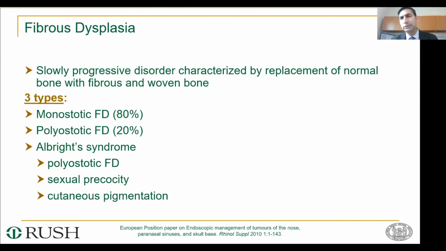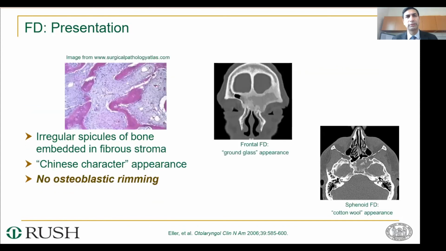Polyostotic fibrous dysplasia, which is about 1/5 of cases, and the McCune-Albright syndrome, which is rare, but includes the polyostotic fibrous dysplasia and includes sexual precocity and also cutaneous pigmentation like the cafe au lait spots.